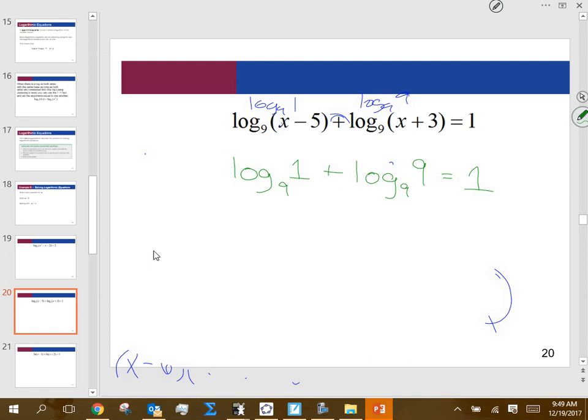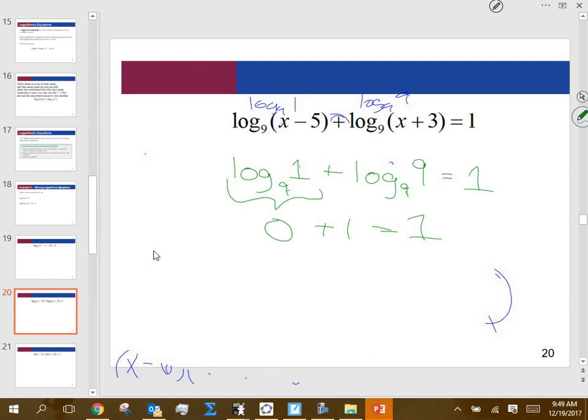What do I have to raise 9 to to get back to that 1? 0. So log base 9 of 1 is just saying 0, right? What do I have to raise that base of 9 to to get back to that 9? 1. Does 0 plus 1 equal 1? Yes.